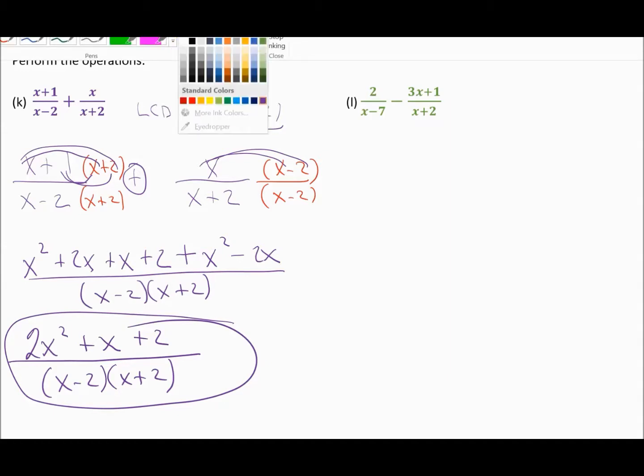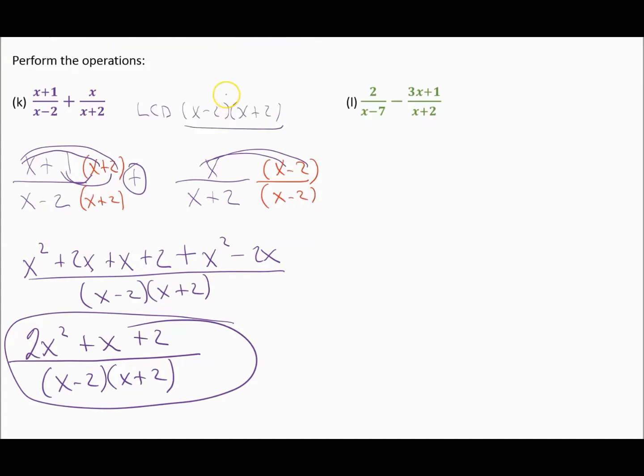So moving on to the next problem, I have a denominator of x minus 7 and another of x plus 2. They do not have any common factors. Therefore, my least common denominator is just the two of them multiplied together, very similar to the last one. So I'm going to rewrite my problem, 2 over x minus 7 with plenty of room, minus 3x plus 1 over x plus 2.